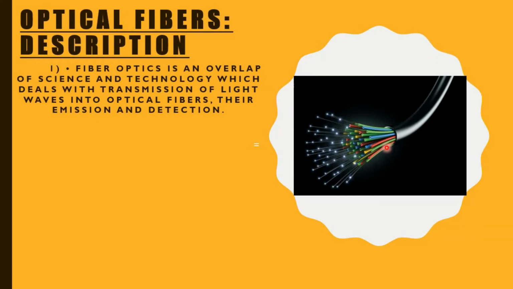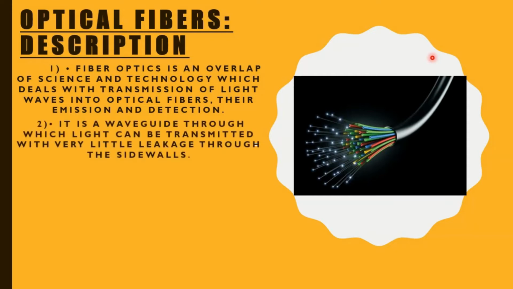So these fibers are an overlap of the techniques of science and obviously technology. What these optical fibers do is transmit light. That means it deals with the transmission of light waves into the optical fibers, and it will emit and detect.